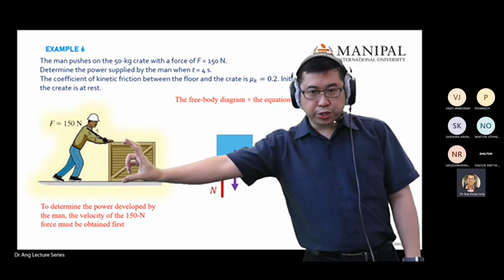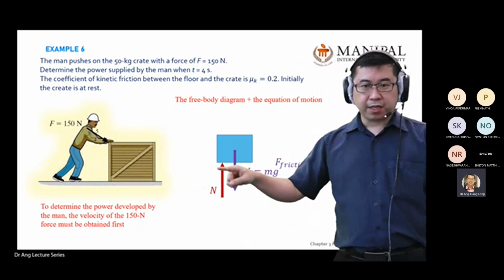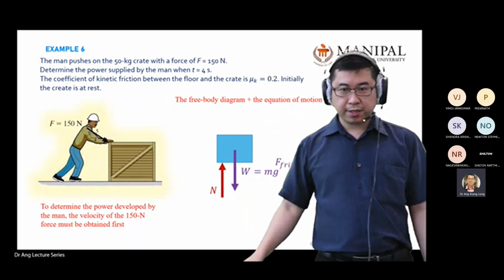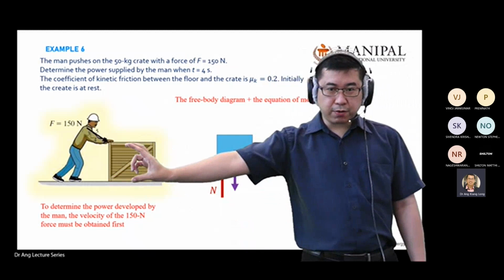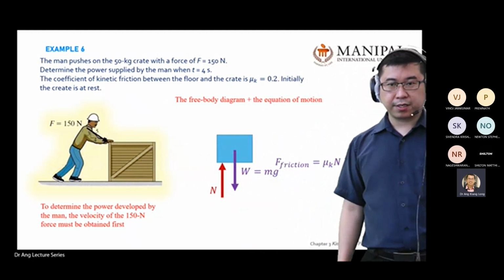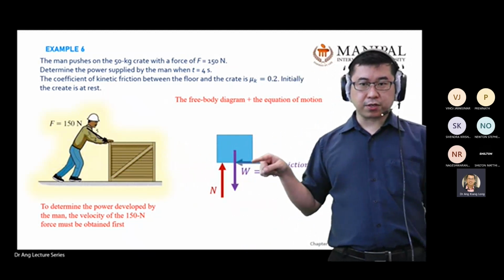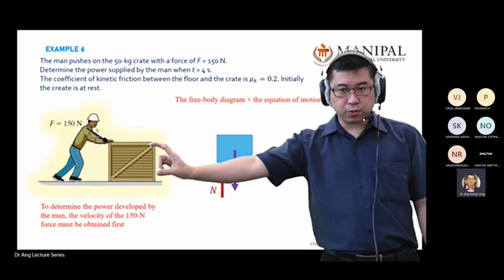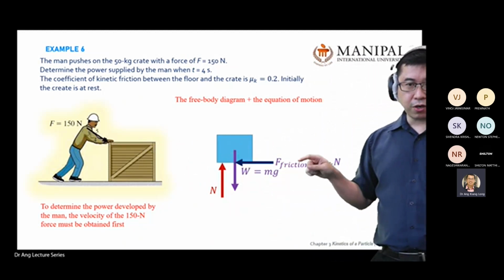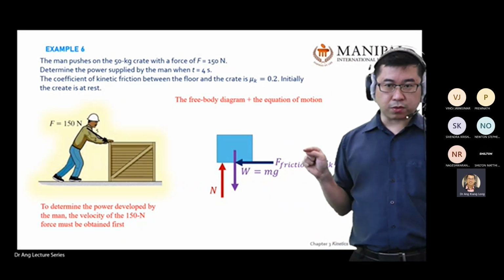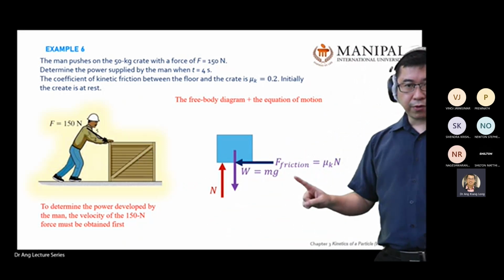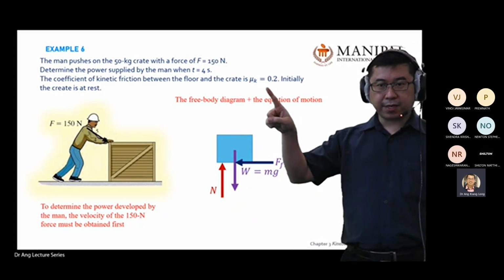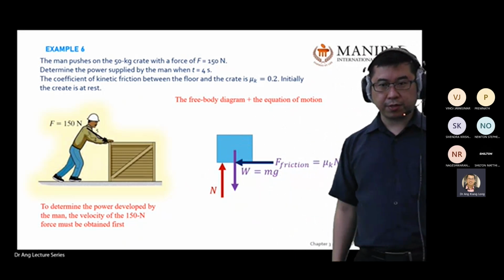If the man pushes the object to the right, the friction is always opposite the direction of the motion. The box is pushed to the right, the friction always fights the motion, so it goes to the left. Friction equals mu N.